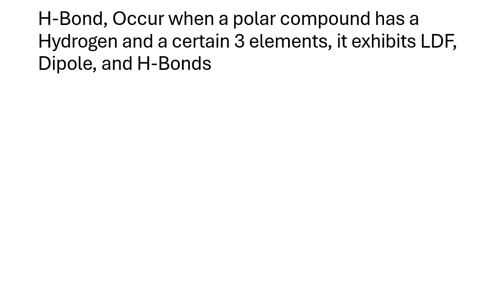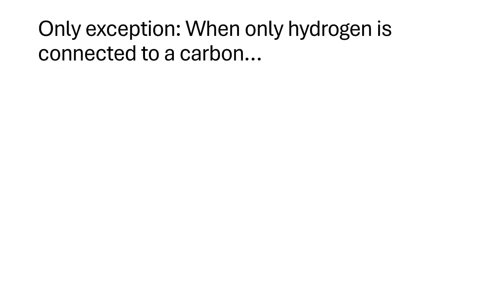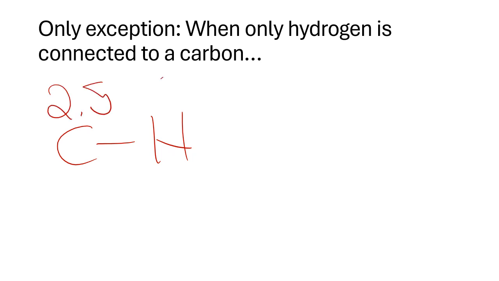All right, so H bonds occur when a polar compound has hydrogen and three certain elements. It exhibits dispersion, dipole, and H bonds. So again, we said earlier, dispersion is the weakest, dipole is stronger, hydrogen bonds are the strongest. Then if that hydrogen is connected to a carbon, there isn't enough charge for this H bond to occur, meaning carbon and hydrogen have very similar abilities at tug of war.